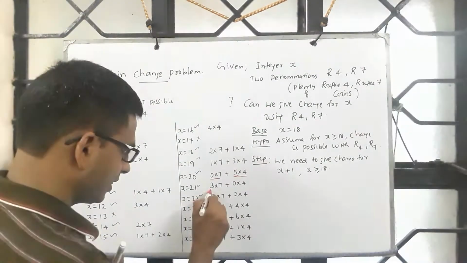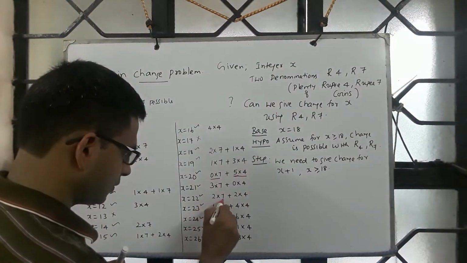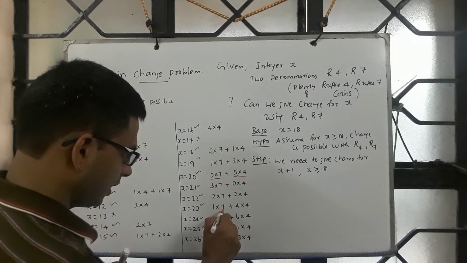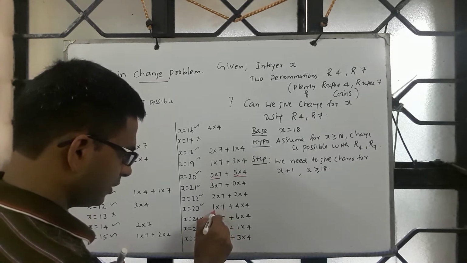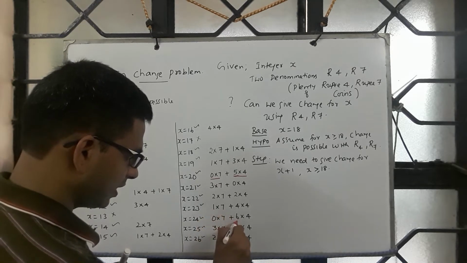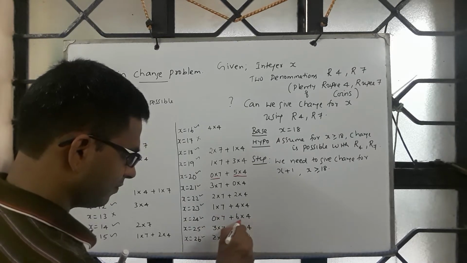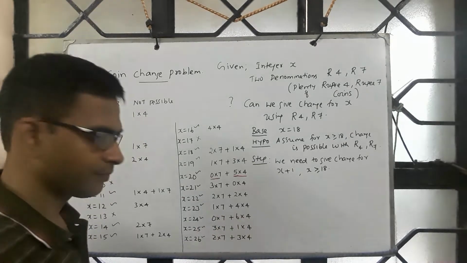Then you start using 7, at least 1, at least 1, at least 1. The moment you are not using 7, you see at least 5 4s. Correct?